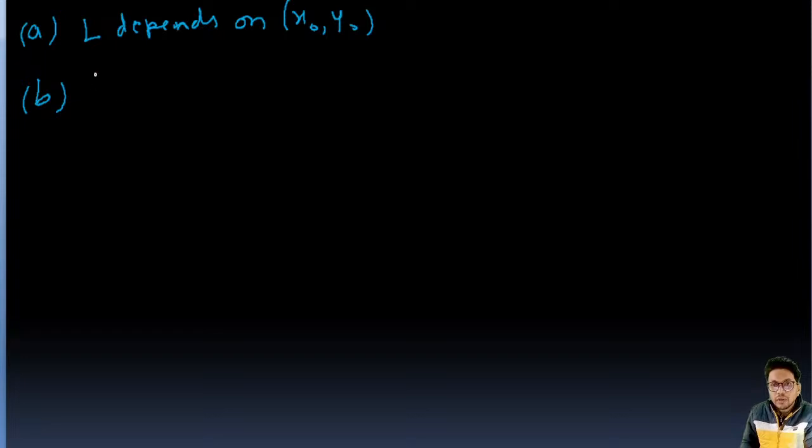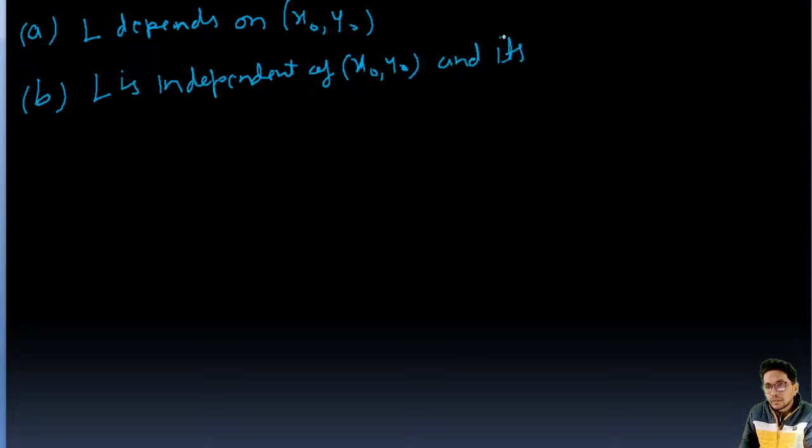The options are given. Option A: L depends on x0, y0. Option B: L is independent of x0, y0, and its value is -1.